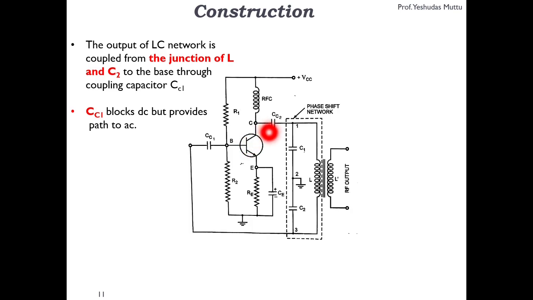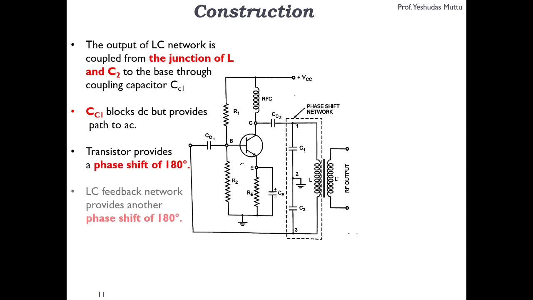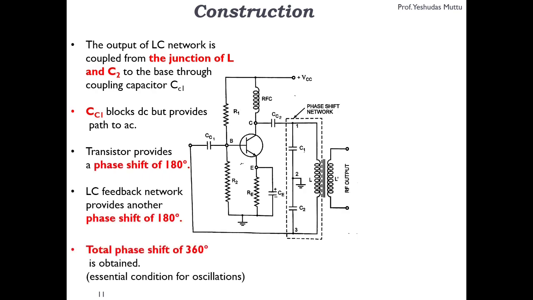It's a common emitter amplifier basically, and this phase shift network provides a phase shift of another 180 degree. So total phase shift the entire loop provides is 360 degree, which means it satisfies the first Barkhausen criterion, that is total phase shift of a network is 360 degree.